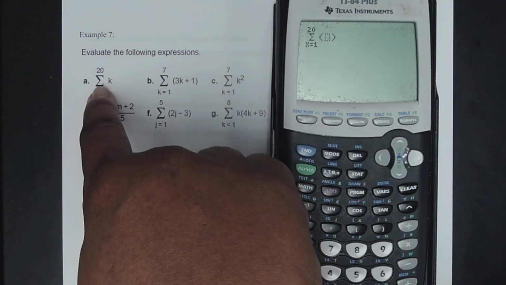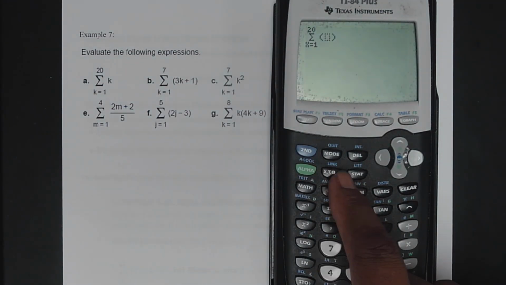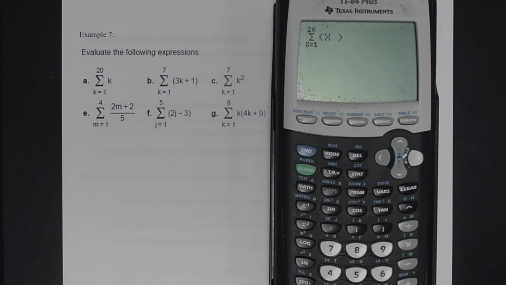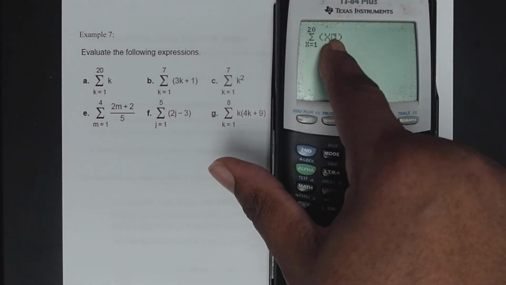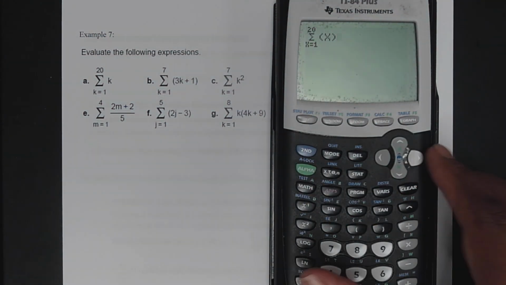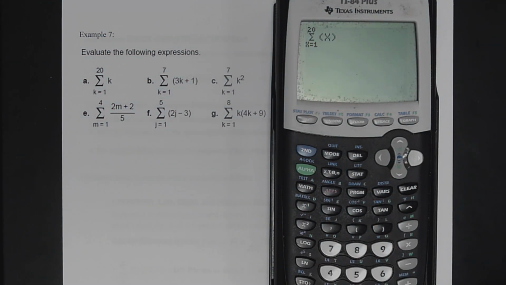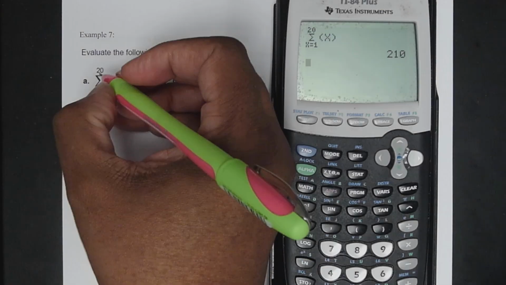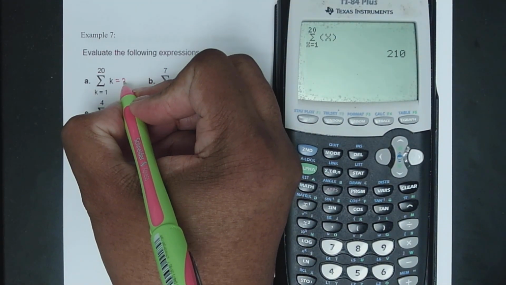They say k, but we're using x, so I have to press X,T,theta,n. Notice that these variables have to be the same in order for this to work. Then I'm going to use my right arrow to get out of the parentheses, and finally press enter. That will give you the sum right there. So the summation from k equals 1 to 20 of k would be 210.